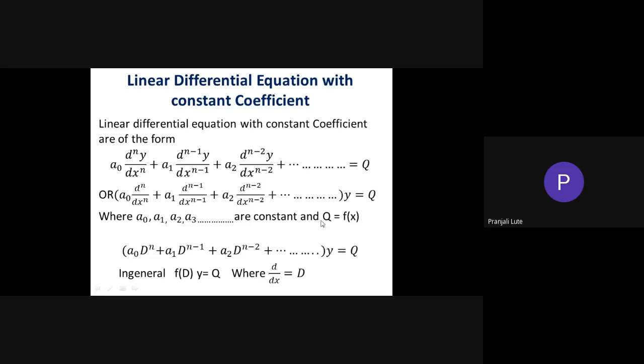What is the meaning of Q being a function of x? Your right hand side is always in terms of x.